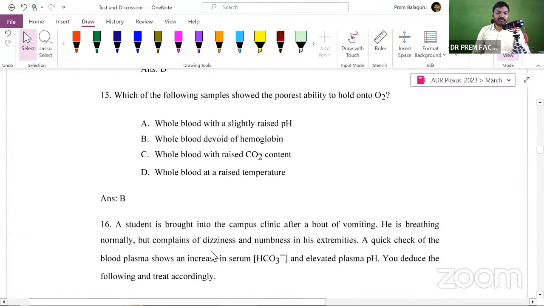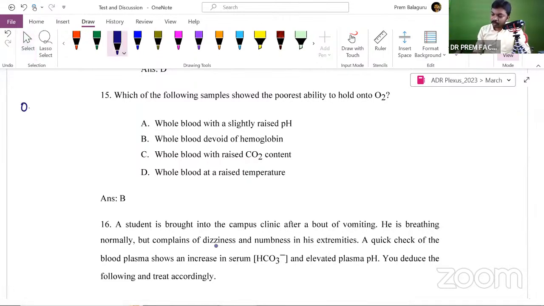For question 15, which of the following samples shows the poorest ability to hold on to oxygen? It's very simple. When it comes to oxygen in blood, 97% of oxygen is seen in combination with hemoglobin as oxyhemoglobin. Only 3% of oxygen is present in dissolved form.